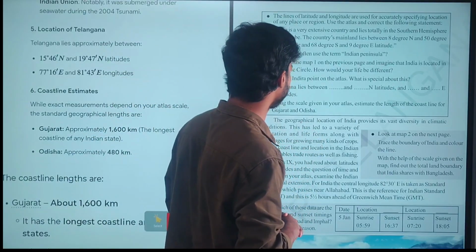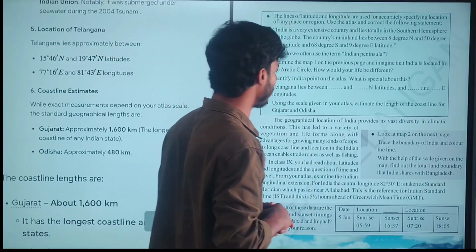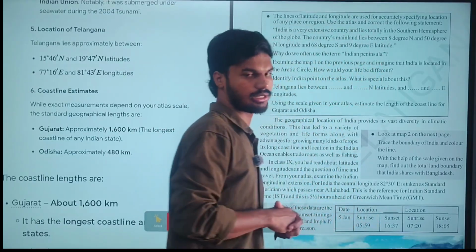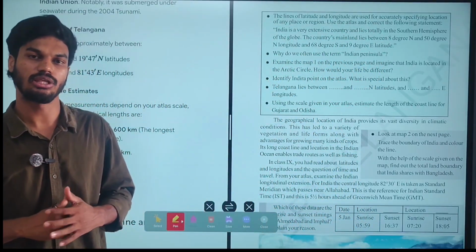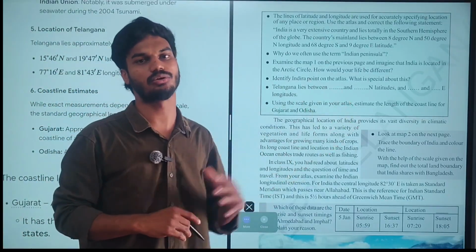Next question: using the scale in your atlas, estimate the length of the coastline for Gujarat and Odisha. Try to find out the coastline covered by Gujarat as well as Odisha.